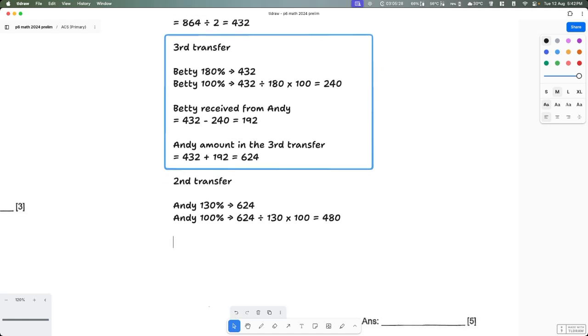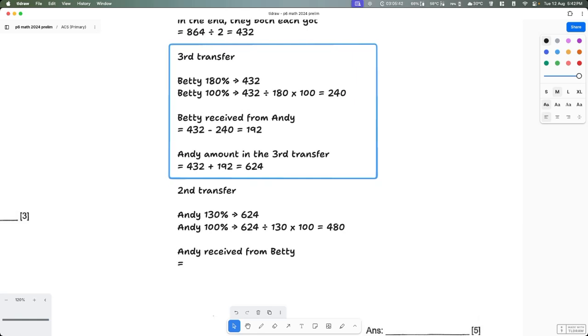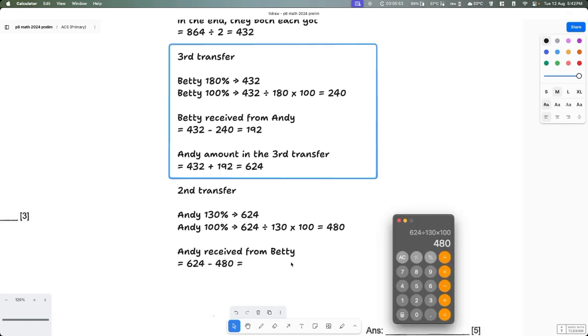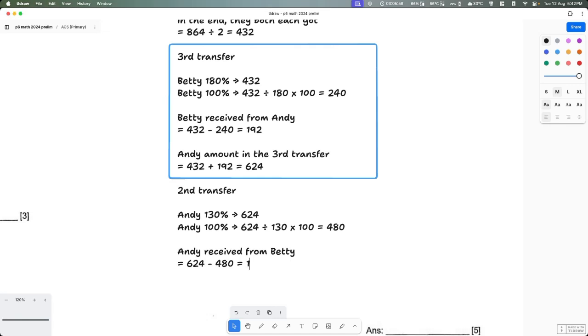So Andy received from Betty 624 minus 480, which is equal to 144.